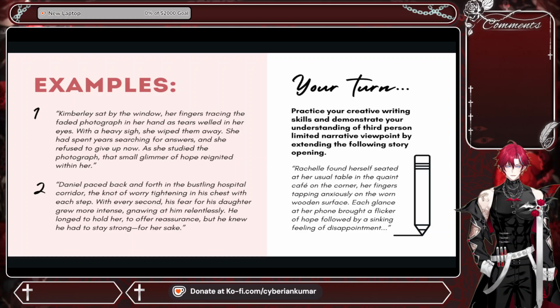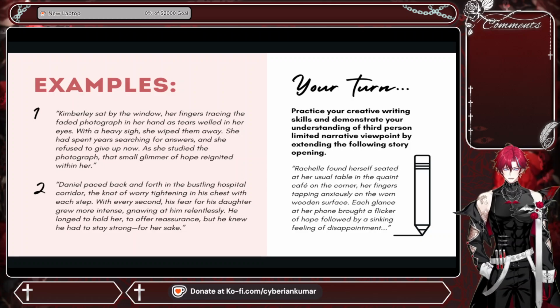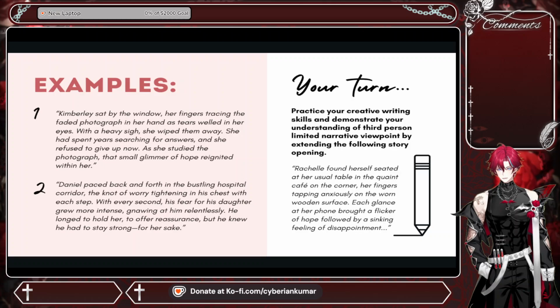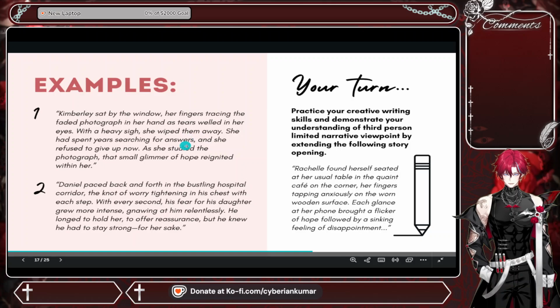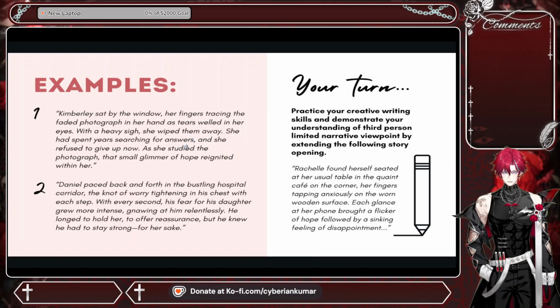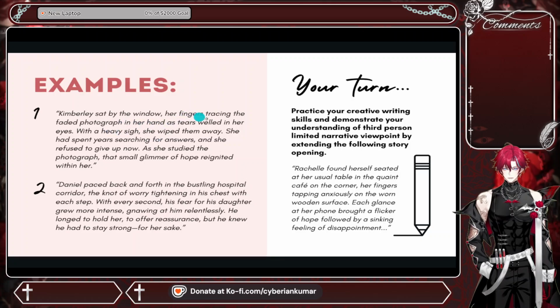Now, these are a few examples of third person limited perspective, right? These are some of the examples which I have written. So let's see what we can do in here. Kimberly sat by the window, her fingers tracing the faded photograph in her hand as tears welled up in her eyes. With a heavy sigh, she wiped them away.